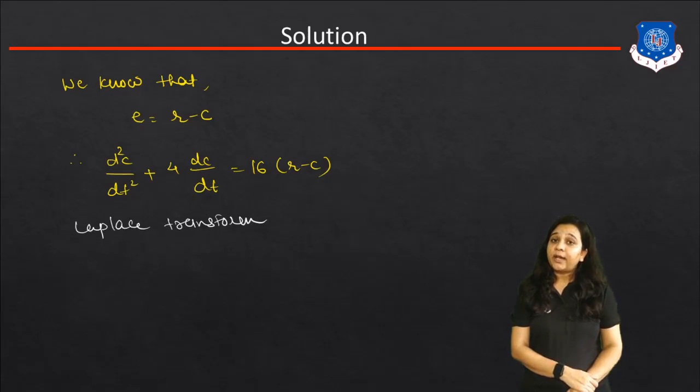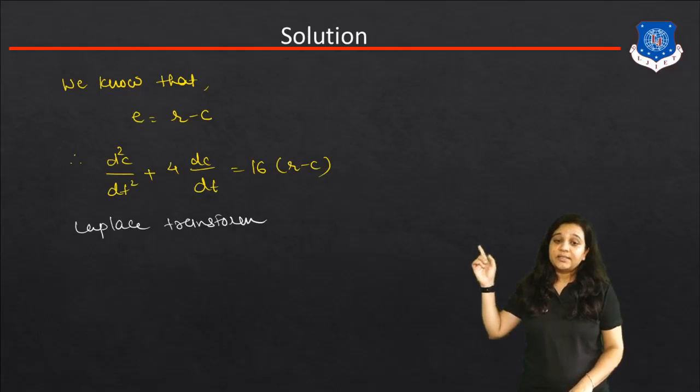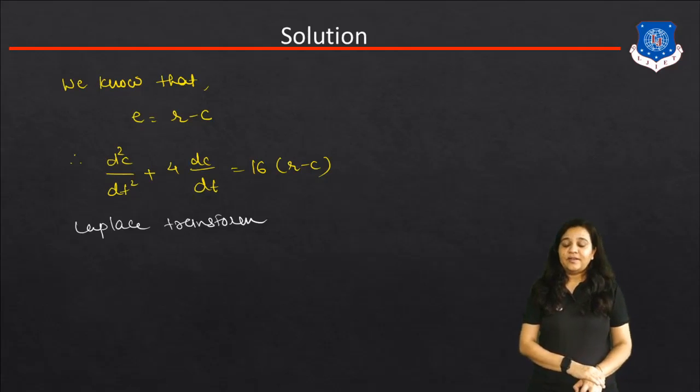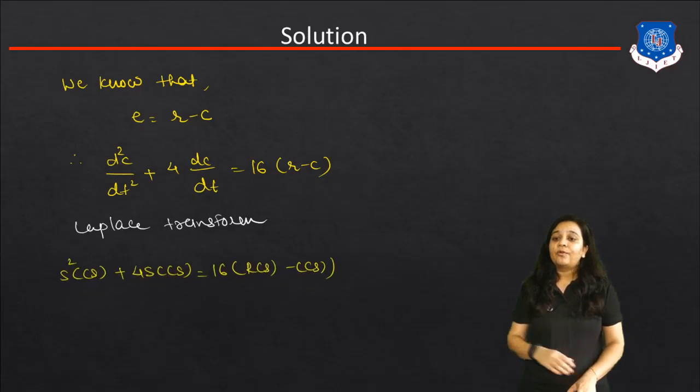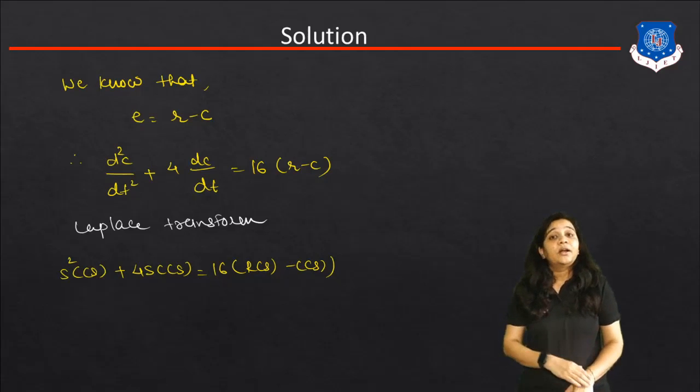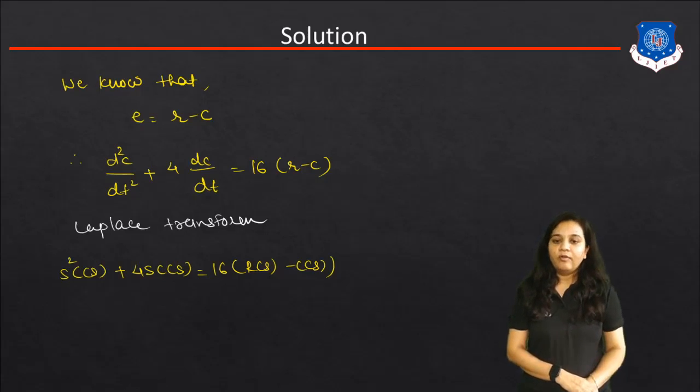Now we take the Laplace transform of this equation. The Laplace transform of the double derivative is s square, so we write s square C of s plus 4. The Laplace transform of the single derivative is s, so s into C of s, that is equal to 16. The Laplace transform of R is R of s and C is C of s.